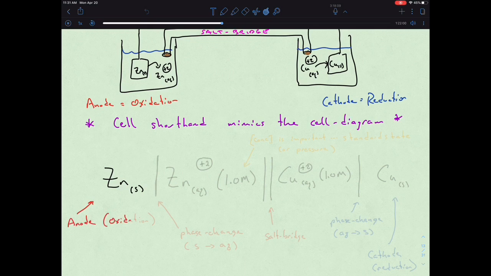That's where oxidation is going to occur. And then we have a vertical line, and the vertical line is really indicating a phase change. Here, going from the solid to the aqueous state, because on the other side of the vertical line, we now have the zinc that's aqueous, and we have the +2 charge.